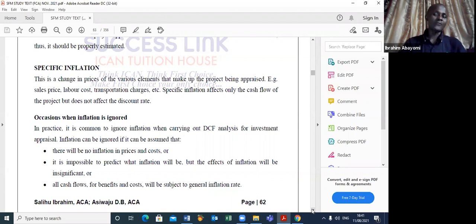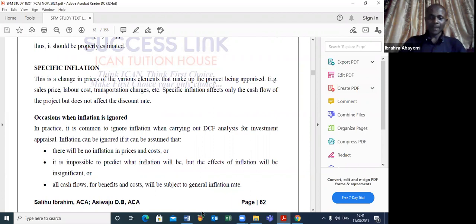So where you have all these variables being affected by just one inflation rate, we say that inflation rate is a general inflation rate.